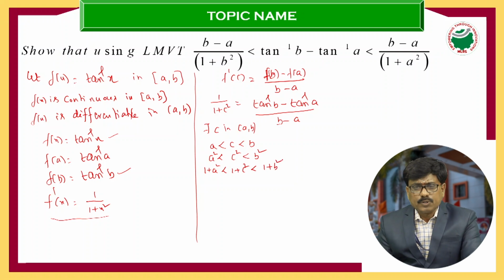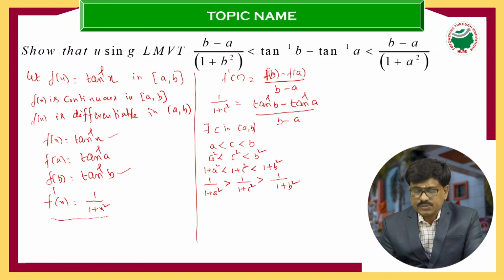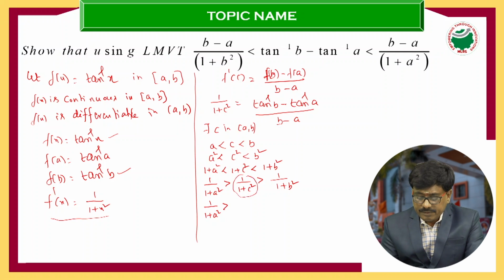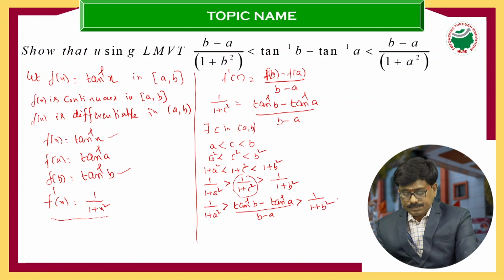If I take the reciprocal of these values, 1 by 1 plus a square is greater than 1 by 1 plus c square, which is greater than 1 by 1 plus b square. Now how do we write this condition? 1 by 1 plus a square greater than, what is 1 by 1 plus c square value, tan inverse of b minus tan inverse of a whole divided by b minus a, greater than 1 by 1 plus b square.